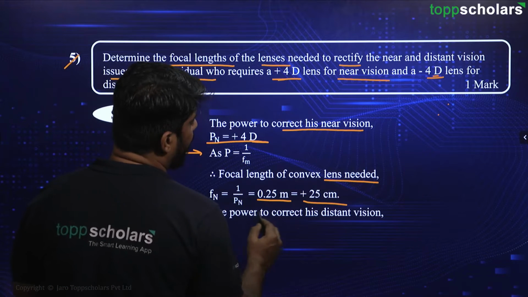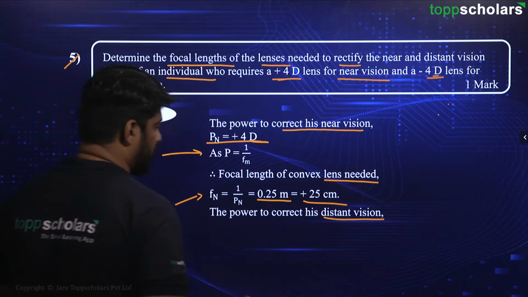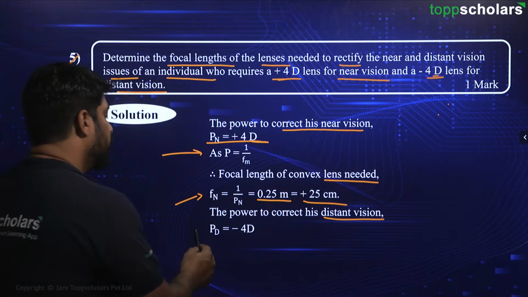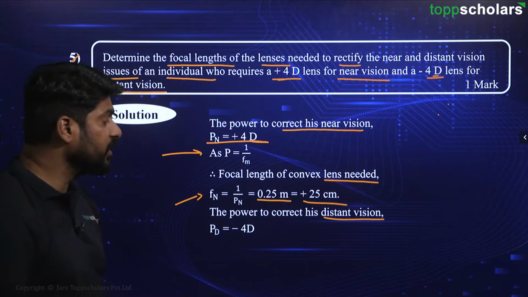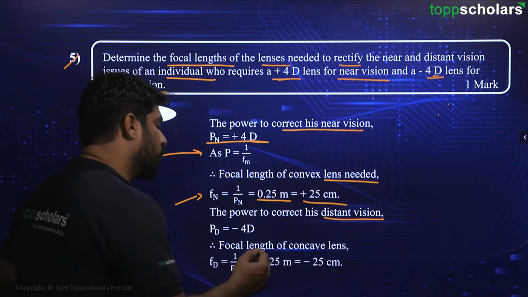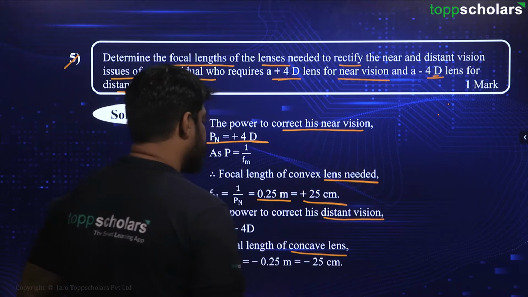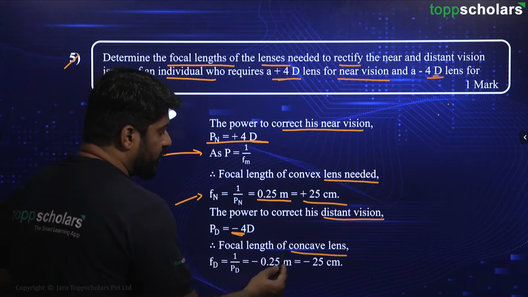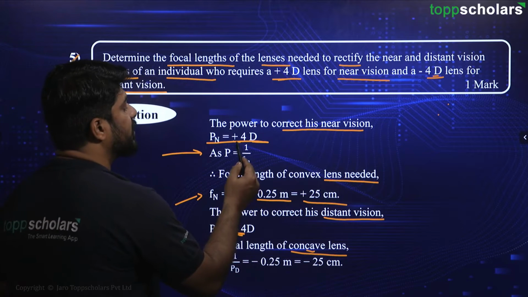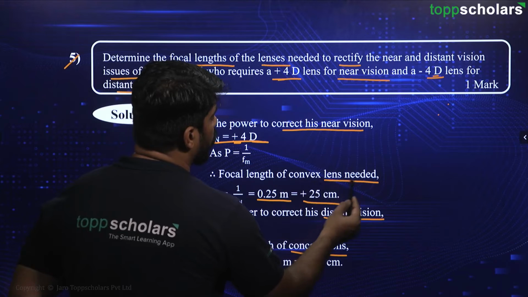Next is the power to correct his distant vision. P is equal to -4 D, and therefore the focal length of the concave lens. Since it's negative, that's why it is a concave lens, and since the earlier one is positive, that's why it is a convex lens.